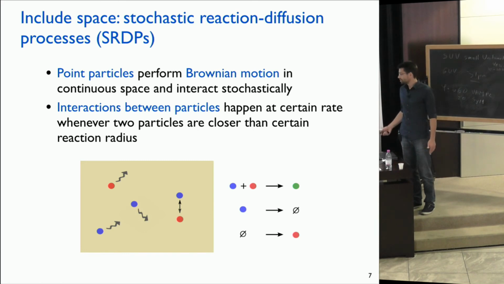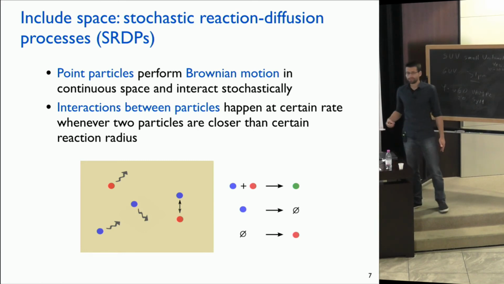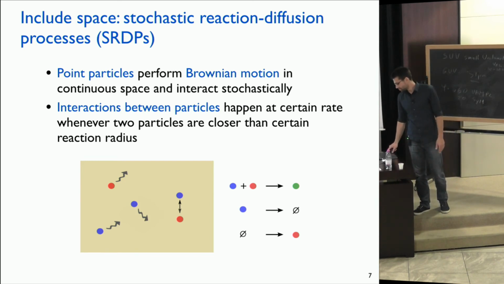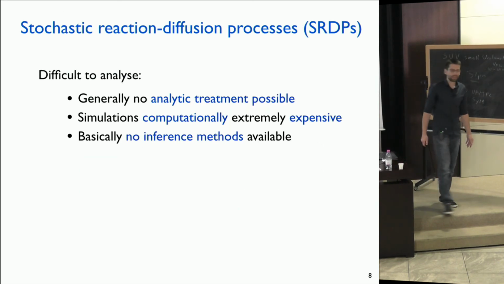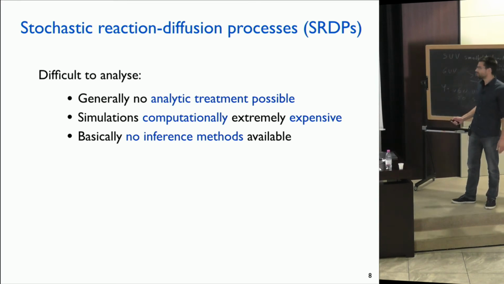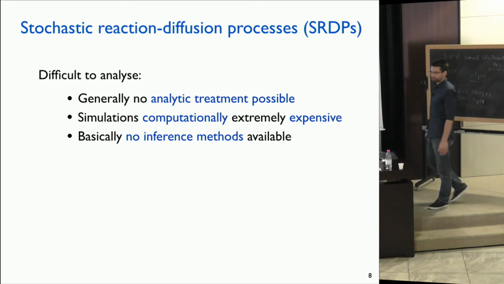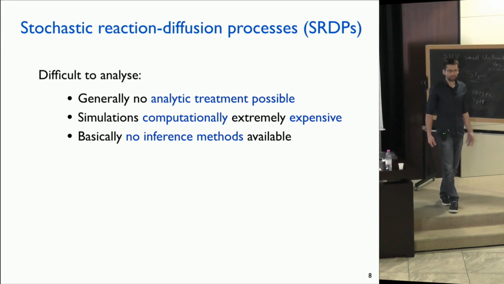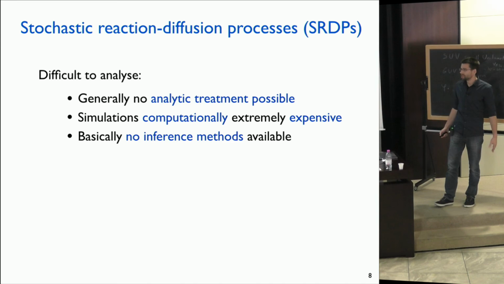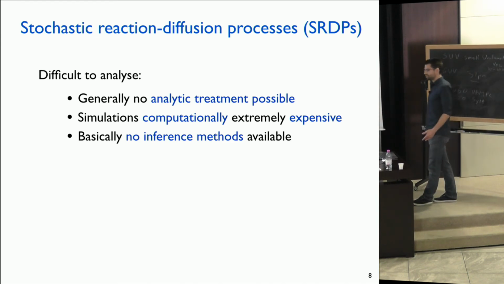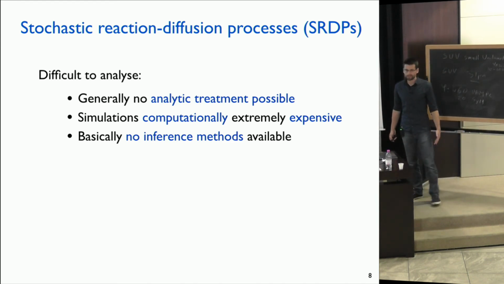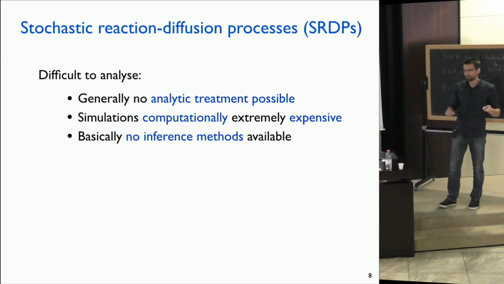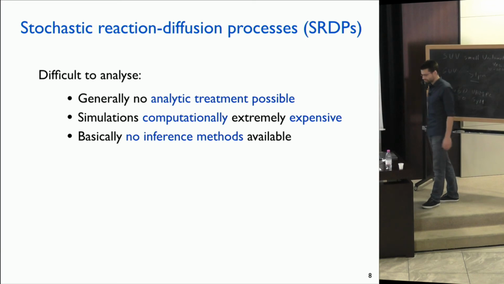Now, even though they are very simply defined, they give rise to very complex behavior and are very useful, but they don't come without their problems and are very difficult to analyze. So first of all, typically there is no analytic treatment possible. And while it's very straightforward to simulate them stochastically, that quickly becomes computationally very expensive, because you have to simulate each and every particle in space performing Brownian motion and interacting with each other.